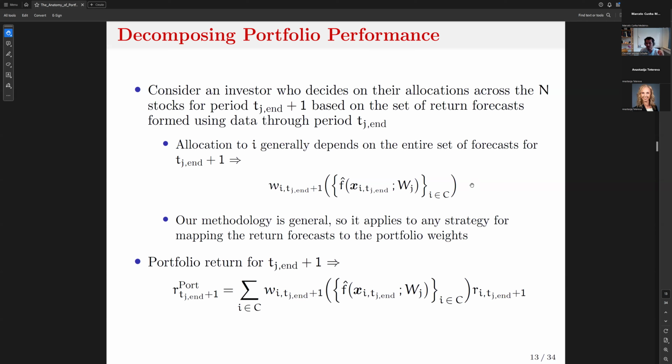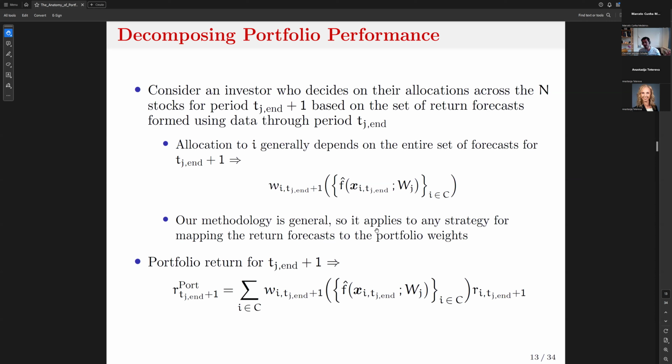This allocation will depend on the entire set of forecasts for the n stocks. And the expression for the weights of the portfolio is given by this in our notation.